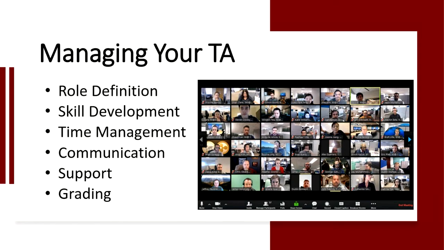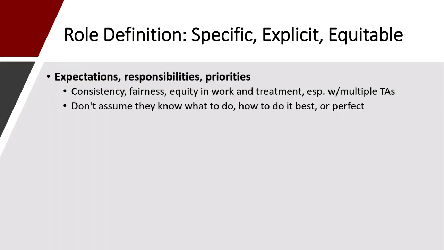And then support that should be provided, we hope, as well as some grading expectations, which Lydia will then expand upon. So as I am going through this, I do want everyone to contribute into the chat box some other ideas that you may have used in the past, or questions that you have with respect to TA responsibilities and management.